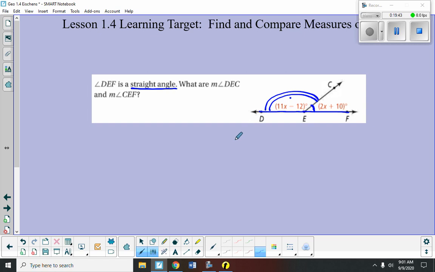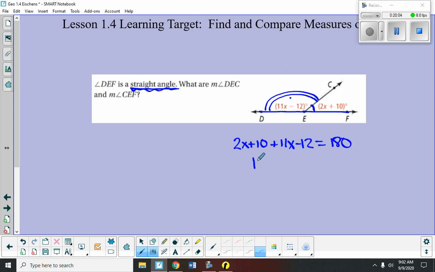So let's add angle CEF, 2x plus 10, plus angle CED, that's 11x minus 12. Write those down. And what should they equal? Altogether 180 degrees because it's a straight angle. And now you'll solve this.